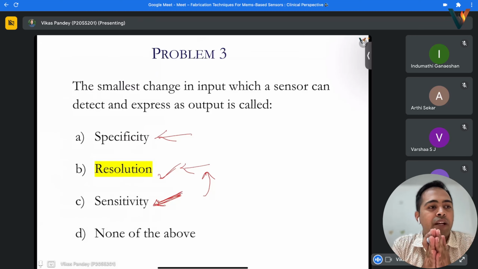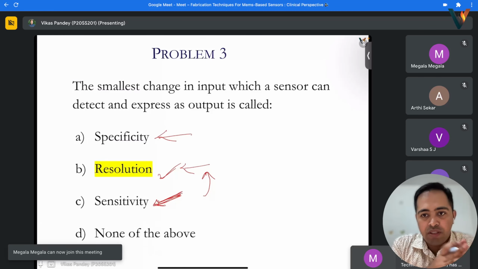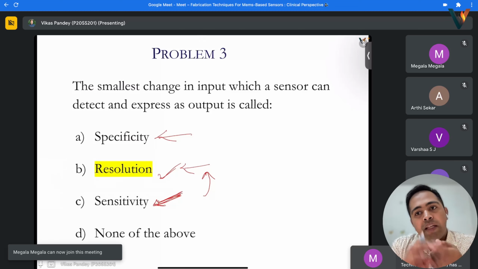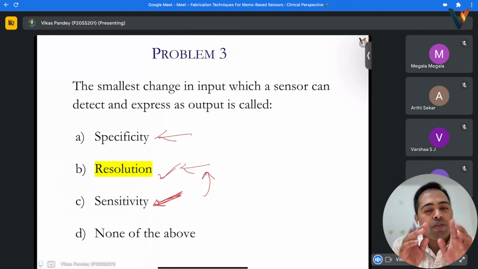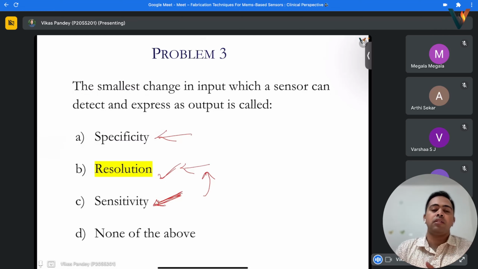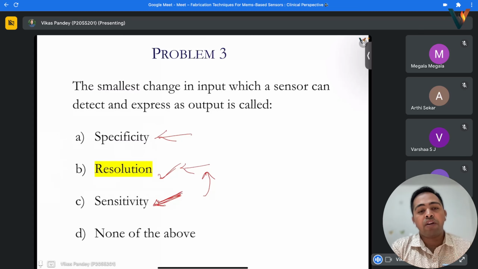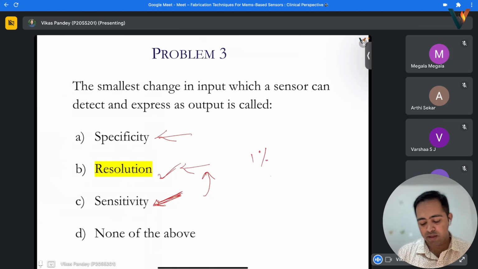Like in general, when we talk about sensors, I generally work with gases, so I will give an example of gas. Suppose I am making a hydrogen sensor. There is no perfect sensor. It will not detect only and only hydrogen. It will detect other things, but in less quantity. So specificity: if the detection of hydrogen is highest, maybe for 1% hydrogen it can give a response of say 80%, 80% change in electrical current.